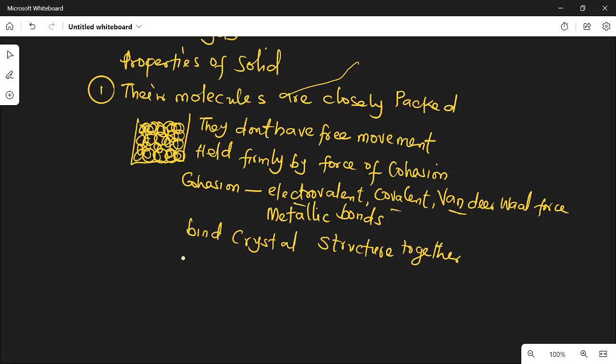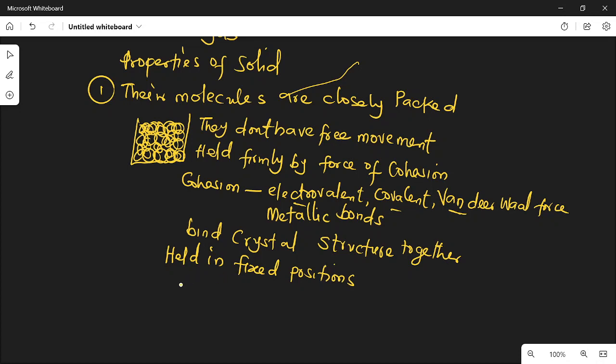And because of this cohesive force binding it together, their movement is restricted. Very, very important. That's the reason why they are held in fixed position, because of the kind of bonds holding them together.